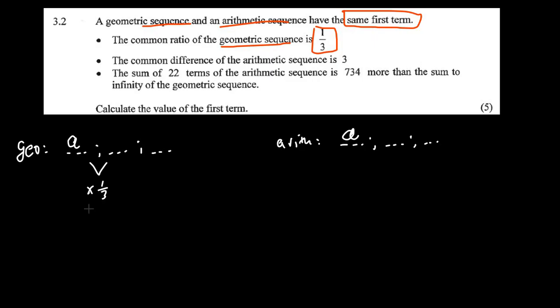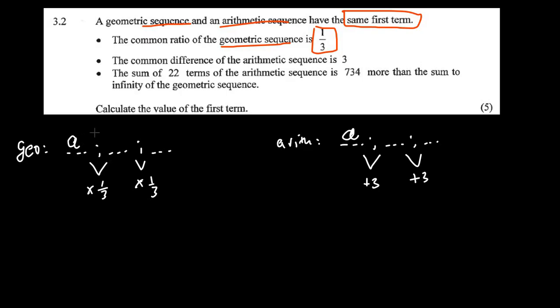That's what we said in previous lessons on geometric sequences: the ratio is the number you multiply by to get to the next term. The common difference of the arithmetic is 3. That means for arithmetic, I'm adding 3 to get to the next term.